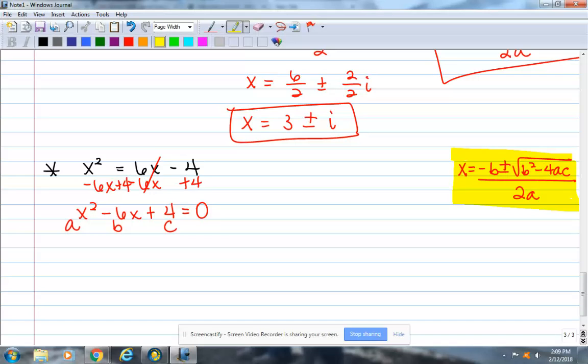Yes, sir. I'm stuck right here. Okay, so 36 minus 16. Simplify radical 20. Go up to the side of your paper. Simplify the radical. It's not a decimal. I still left the squares on the board.